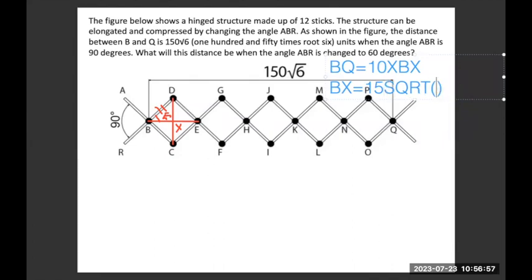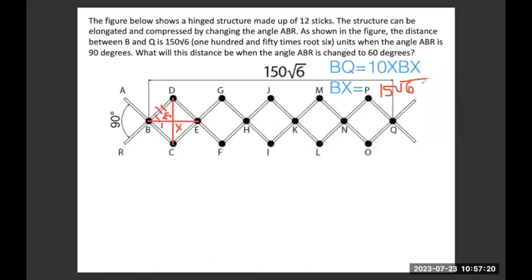Let me just write it simply: BX length, this much, is 15 root of 6.